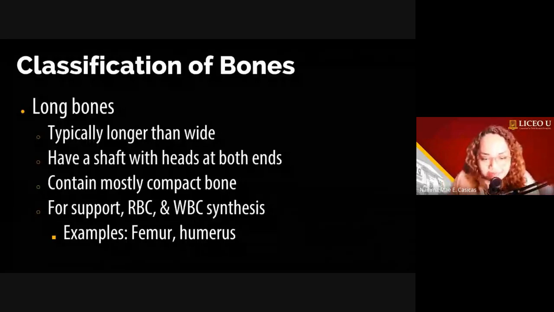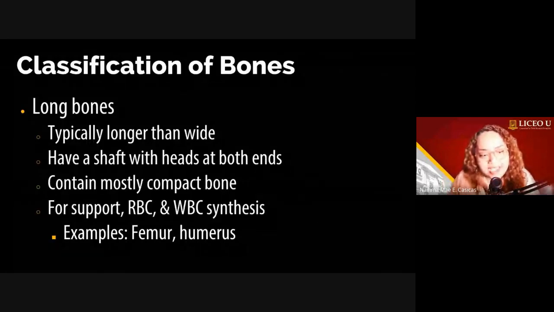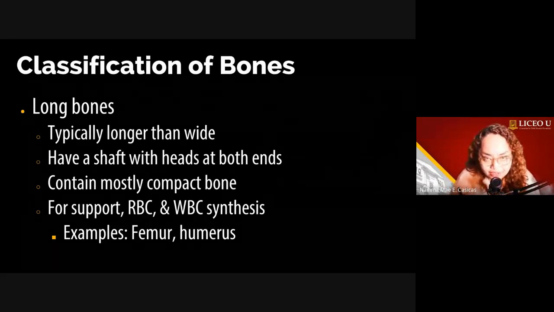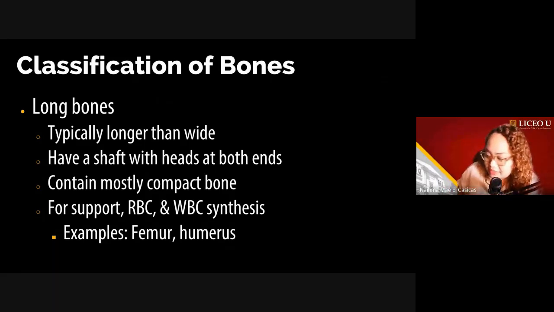They contain mostly compact bone, and they are used for support and also for red blood cell and white blood cell synthesis, or the production of these cells. A very good example would be your femur, your leg, the thigh.